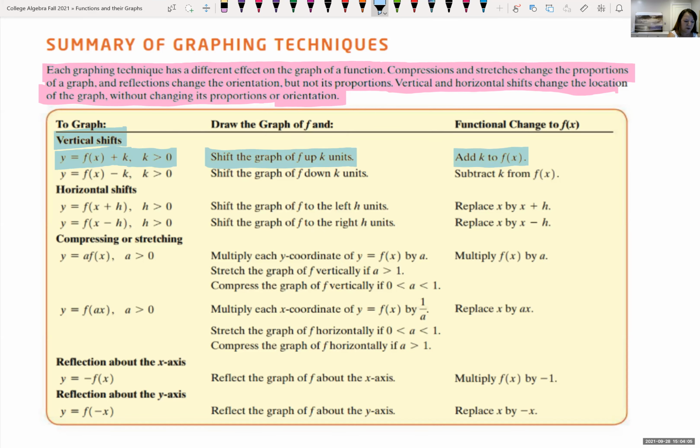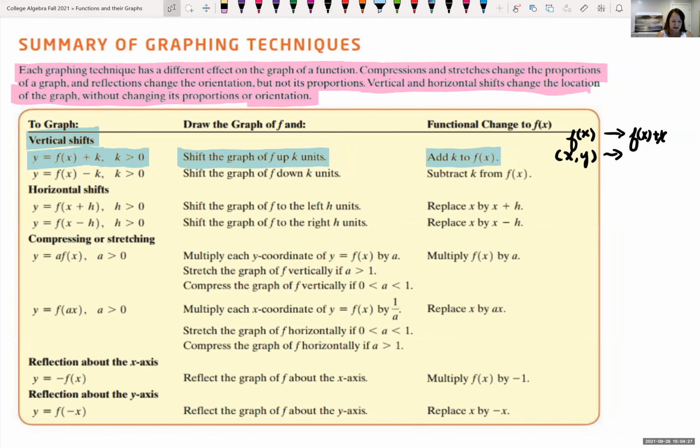If (x, y) was a point on our graph, let's just say f of x here, and we look at f of x plus k, this is going to change our point on the graph. It's changing the y value. So x is going to stay the same. All you're doing is adding k to that y value.